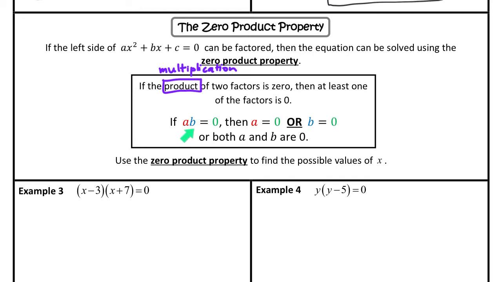Because I'm telling you that I multiplied two numbers and I got an answer of 0. And so the only way to get an answer of 0 is if one of the two numbers was 0. Or both of them are 0, right? Because 0 times 0 is also 0. So that's the zero product property.